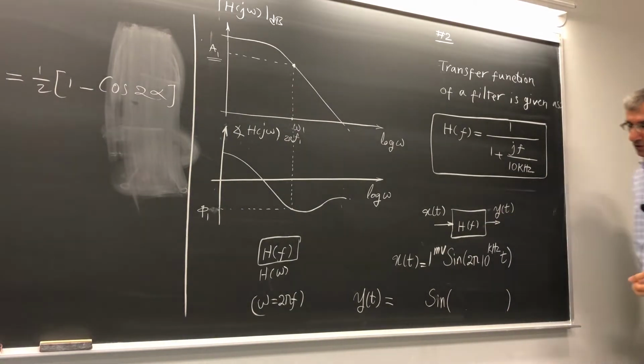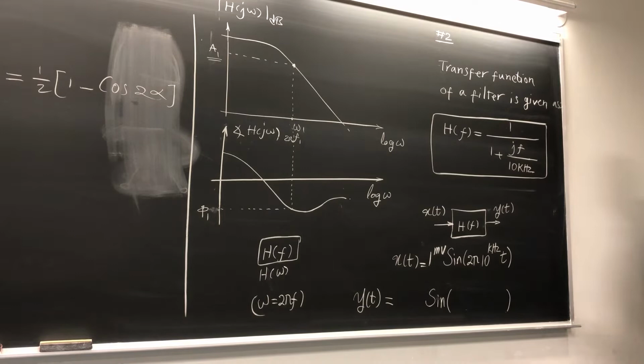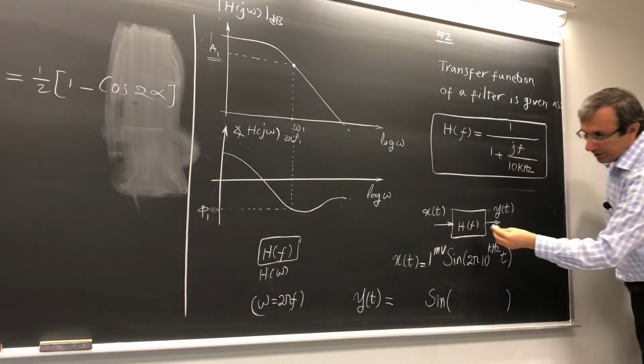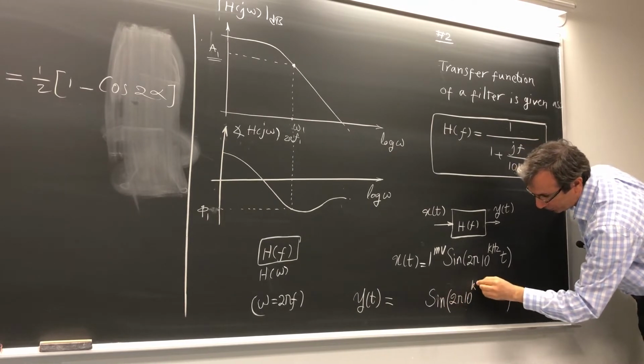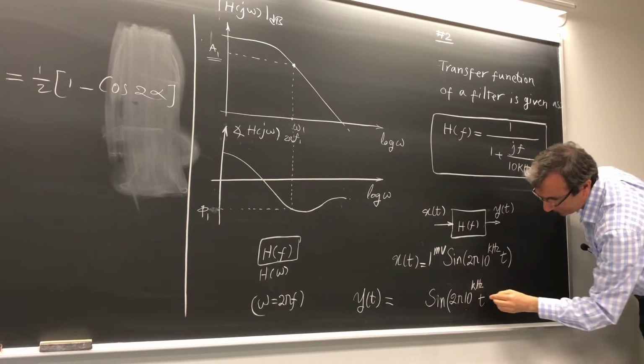Since the system is linear, which is the pre-assumption for all the systems we study in this course, the frequency of the output would be the same as that of the input.